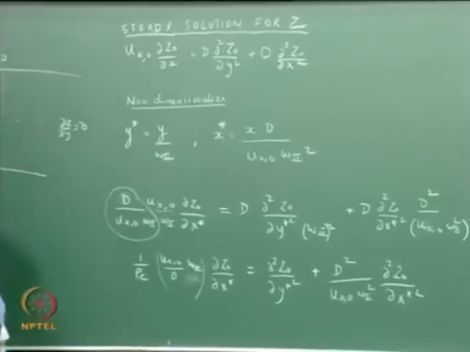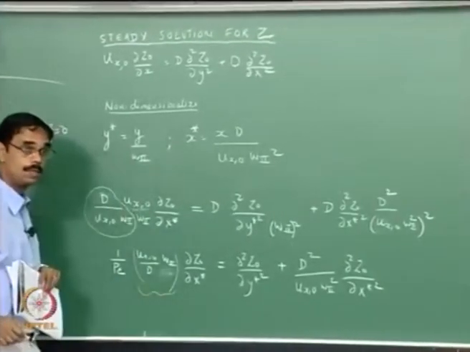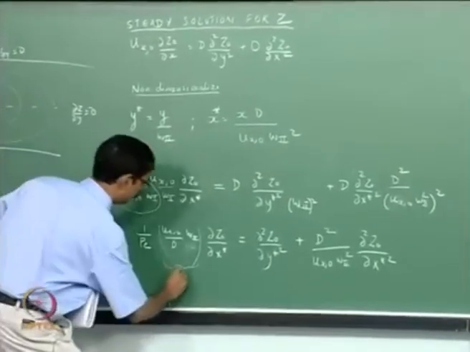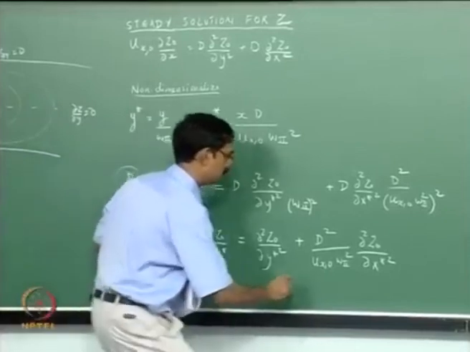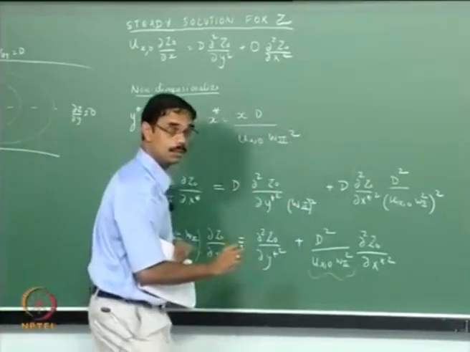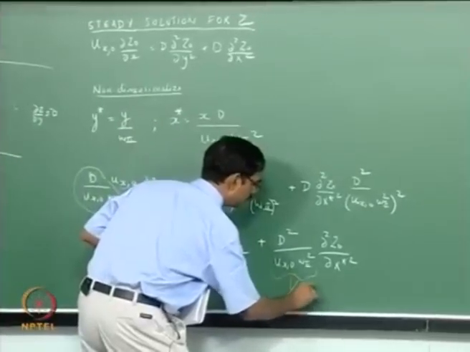This is the Peclet number, and this is 1 over Peclet squared.